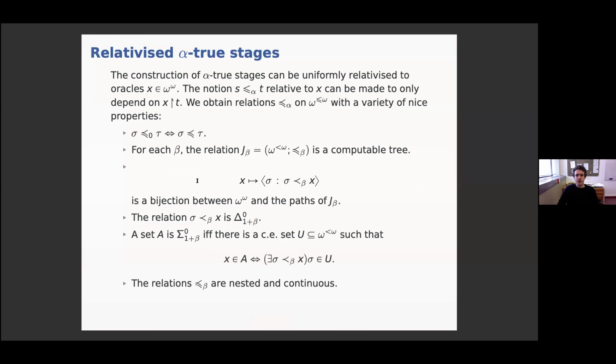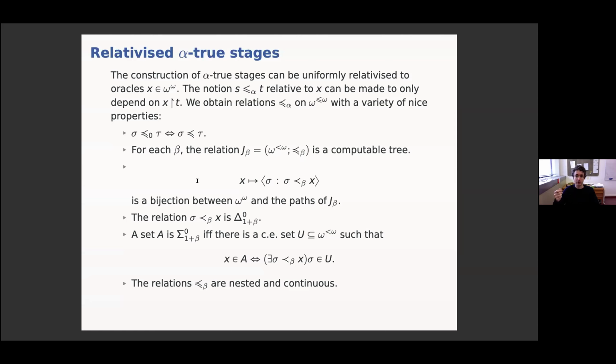Right. Now for descriptive set theory, I want to not start with 0. I want to start with any real x and to iterate its jumps and to do it in a uniform way, uniform in x. Right. So for every x separately, I can do exactly what I said. Instead of the empty set, start with x and just relativize everything in what we've done to the oracle x.